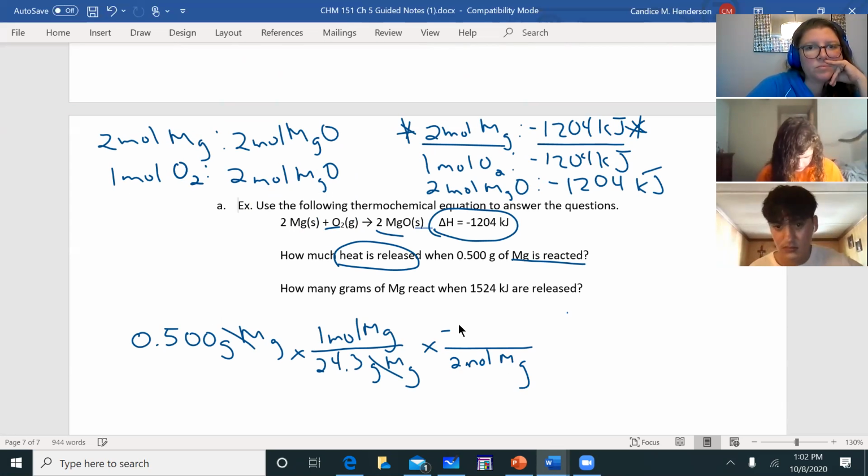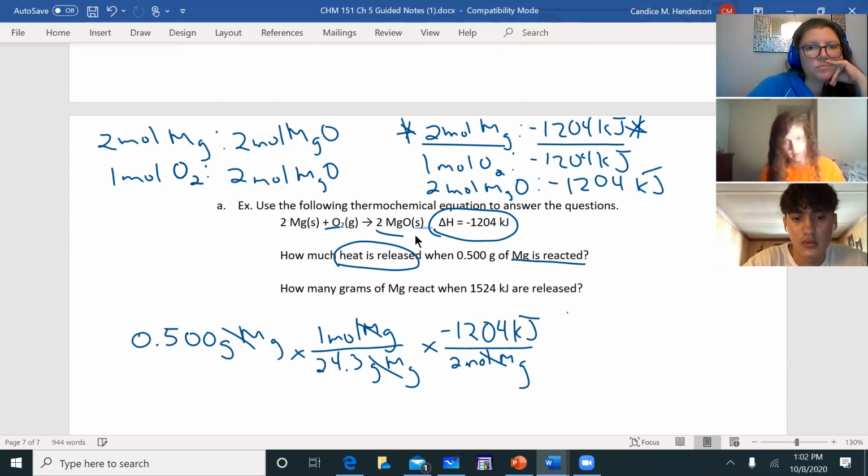And the energy, -1204 kilojoules, is going to go on top. The moles will cancel. What I see happen a lot with students is they won't put the 2 in. They'll just always relate it to 1 mole. That's not the case here. This is a 2 mole thing. If we were doing it for oxygen, it would be 1 mole. But in this case, it's 2 moles. So you always want to use the coefficient.